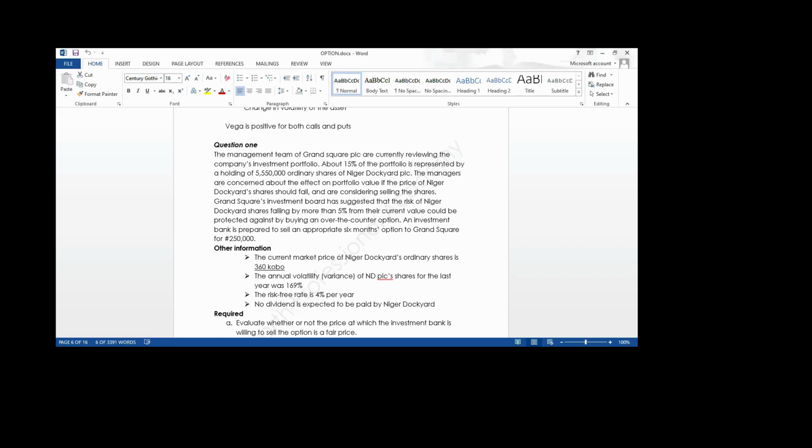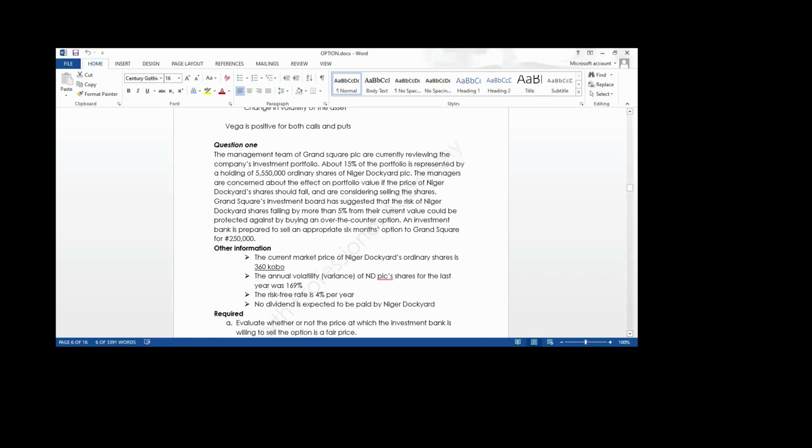Please note, volatility must be represented by standard deviation. In this question, the examiner says volatility in brackets is equal to variance. That means we need to move a step: I need to compute variance, then compute standard deviation. And remember, standard deviation is the square root of variance. The risk-free rate is 4%. No dividend is expected to be paid by Niger Dockyard.